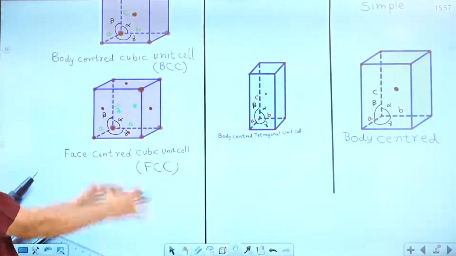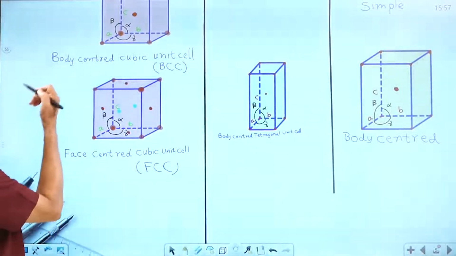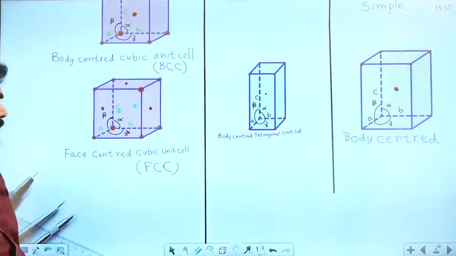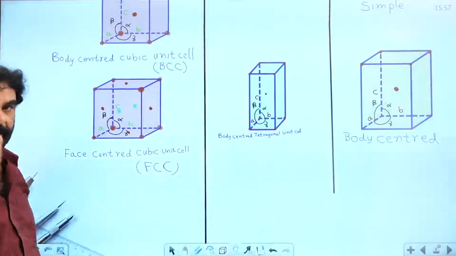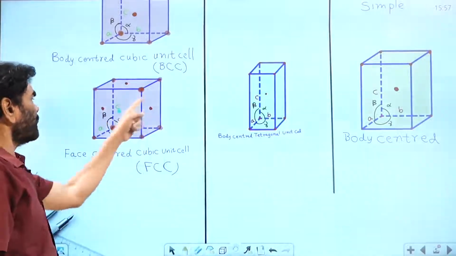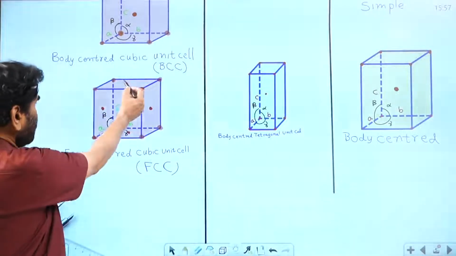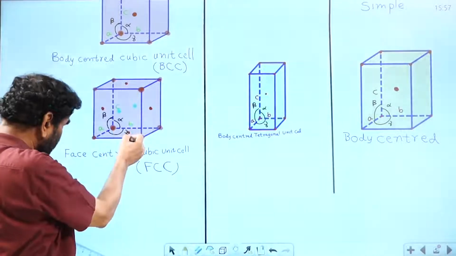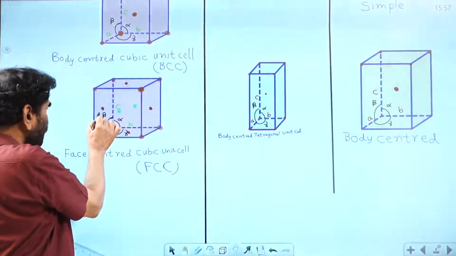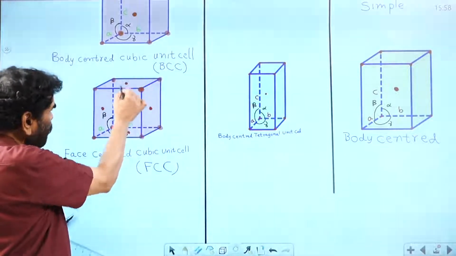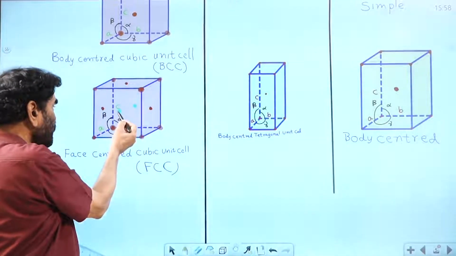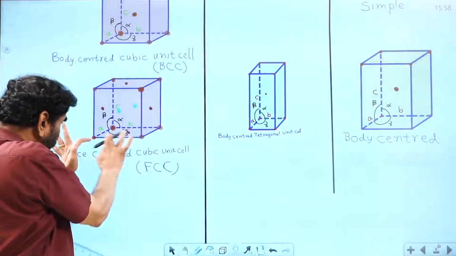Second, this is the face centered cubic cell. The lattice points can be at the corners plus the center of the faces. The unit cell contains 6 faces, so 6 face centers. The lattice points can be at the centers of the 6 faces: the top face, the bottom face, the right side face, the left side face, the back face, and the front face.